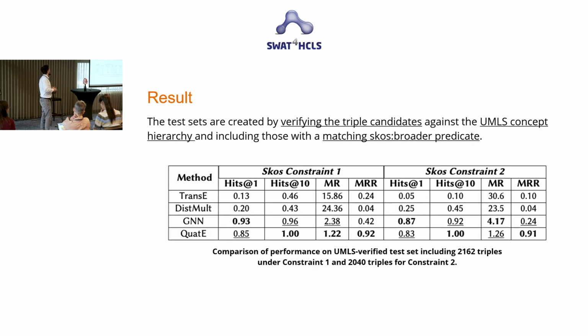But if we look at the result where you know the correct triples based on the external validation test, we see much improvement. Basically, if you use, for example, QuatE, you almost have perfect results all the time. You can find the perfect right link.